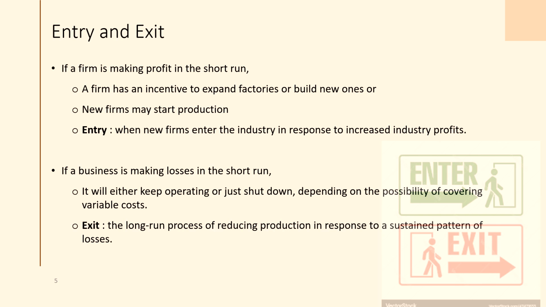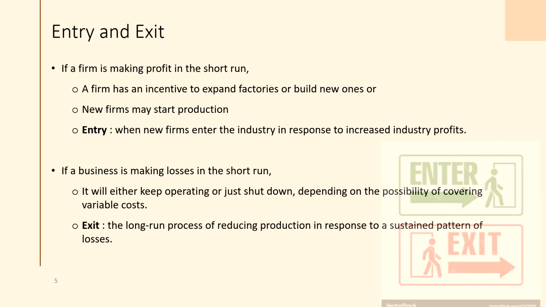Now we move to the long run, where entry and exit play a crucial role. If firms are making profits in the short run, they have an incentive to expand production. Existing firms may build new factories, purchase new machines, or lease more offices, and new firms may enter the market to earn the profit given the market price.